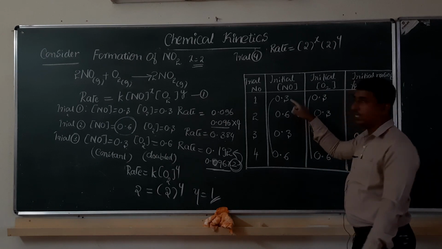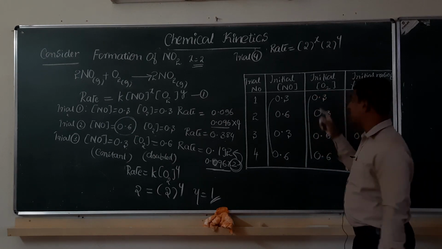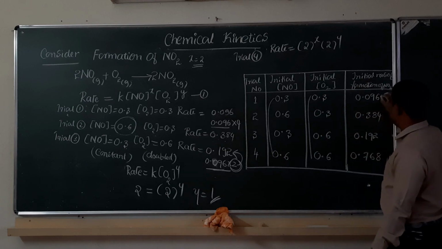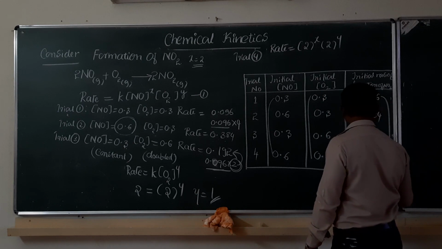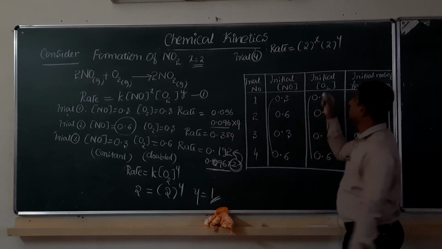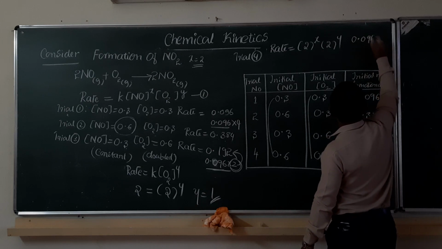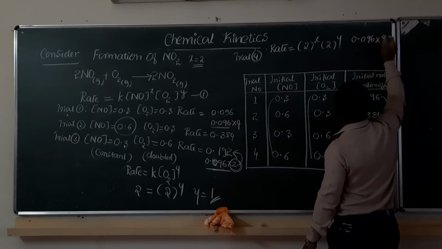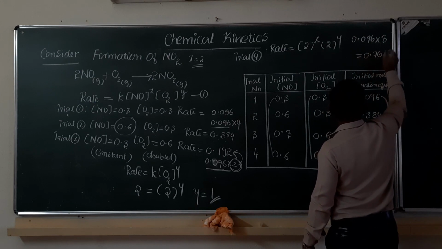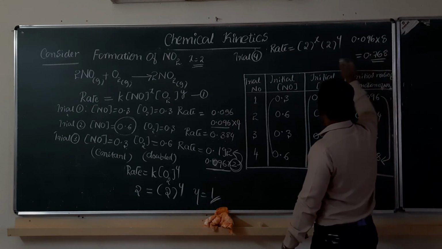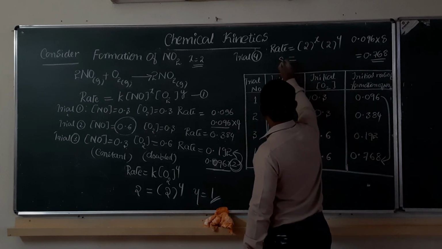When both the concentration of NO as well as the concentration of O2 are double, the rate of the reaction, initially 0.096, is now 0.768. That means 0.096 must be multiplied by 8. On multiplying by 8, we will get 0.768. So rate increases by 8 times.